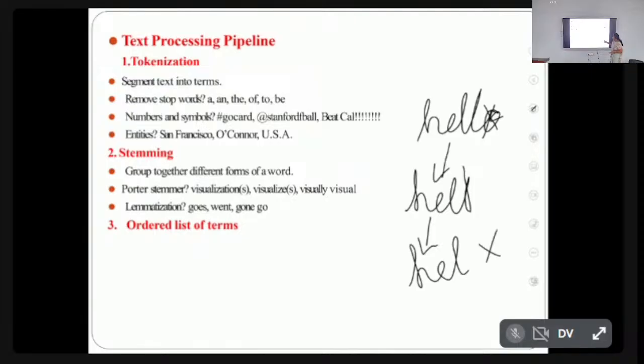No. Next, if I break this into a smaller part, it will become He. Does it have any meaning? Yes. Next, if I break this into a smaller part, what will happen? H. H is a character, right? Token means nothing but a word which is broken down into its smallest meaningful part.